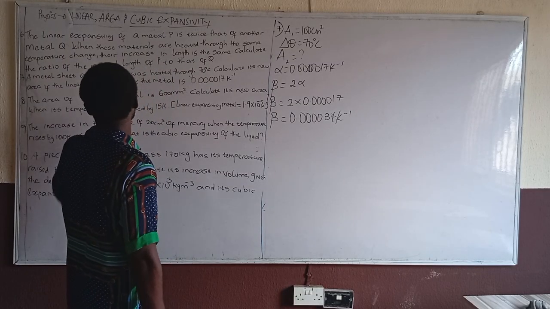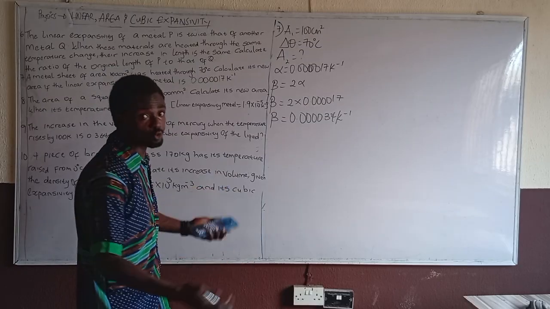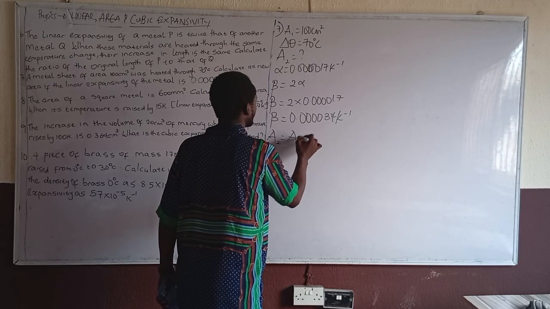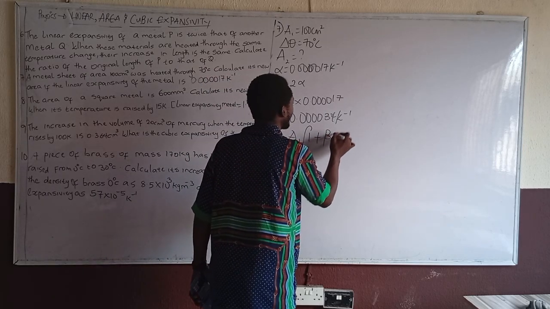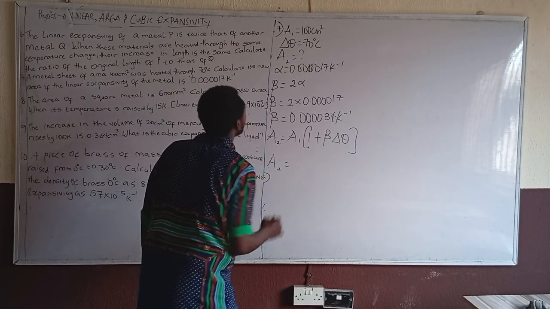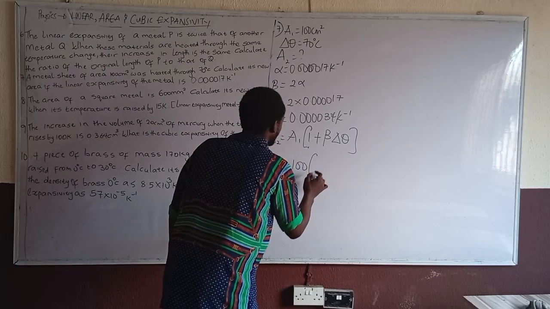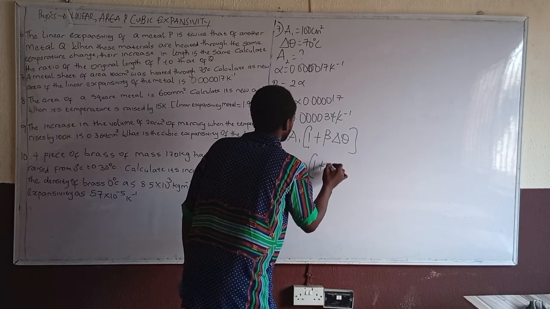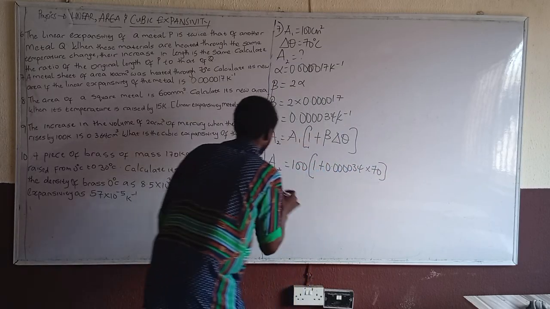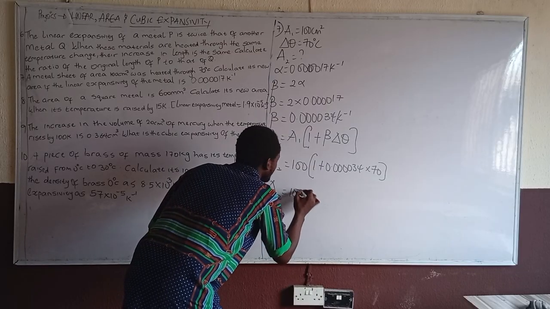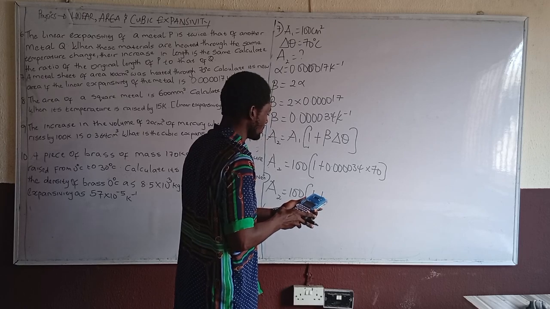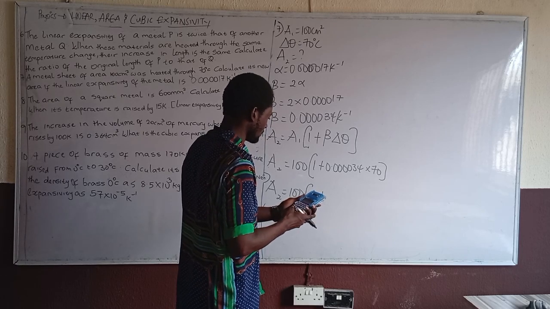Now, I can solve. We are going to solve with centimeter so that we can also get our A2 in centimeter. So which means that my A2 is A1 times (1 plus beta delta theta). A1 is 100. I have 1 plus beta, 0.000034 multiplied by 70.